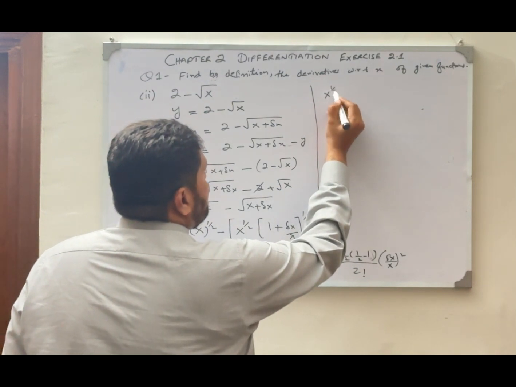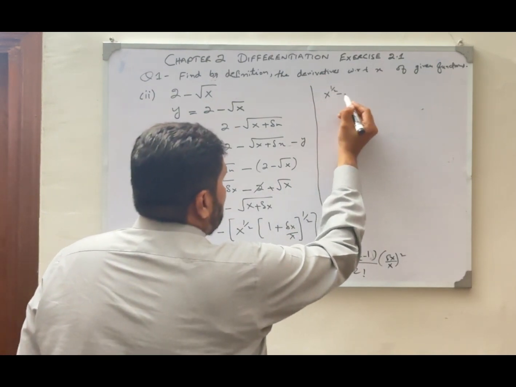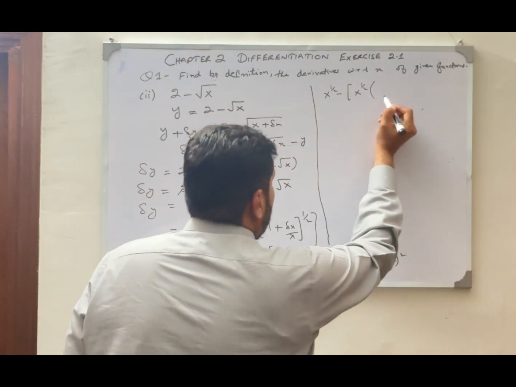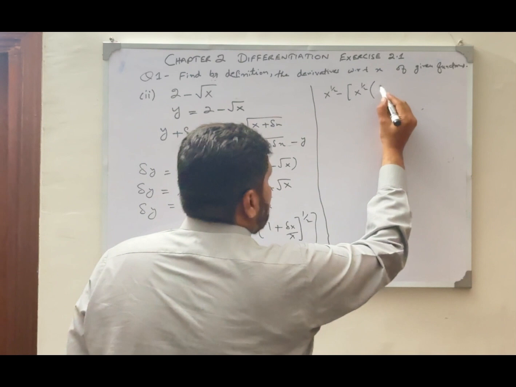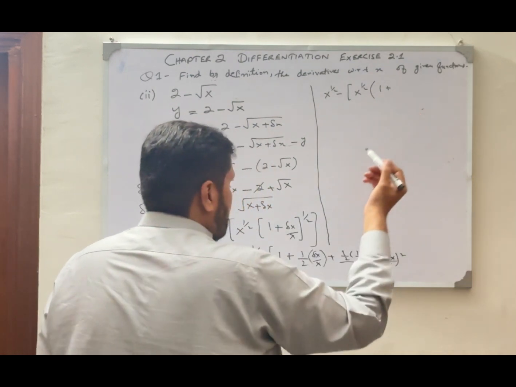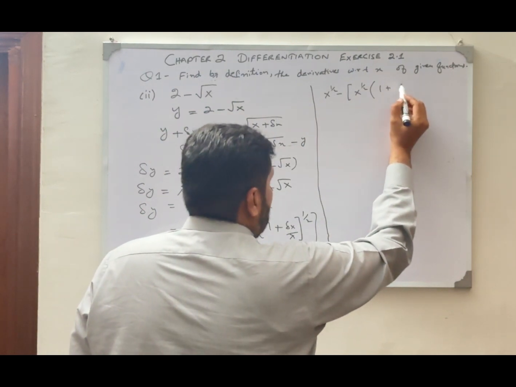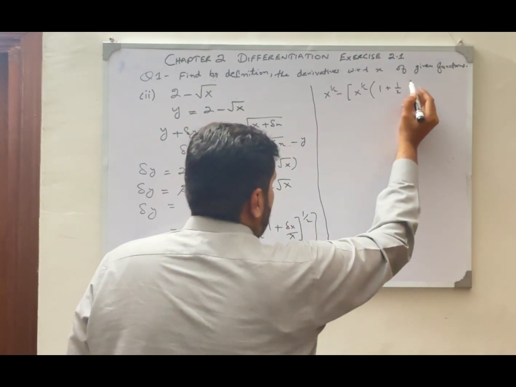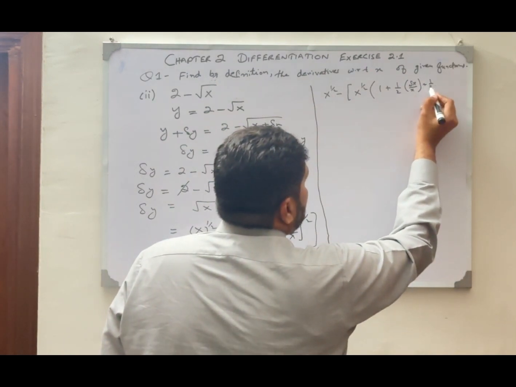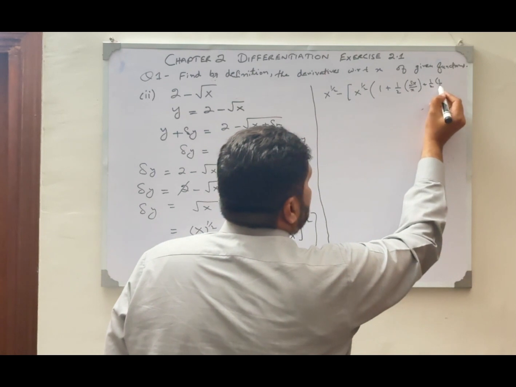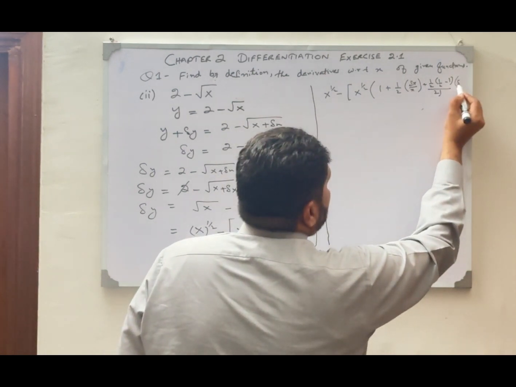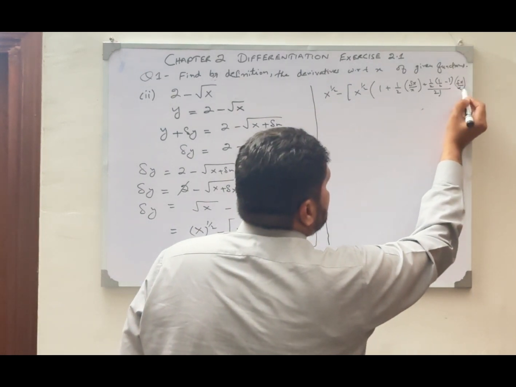So x power 1 by 2 minus x power 1 by 2 into 1 plus 1 by 2 into delta x by x plus 1 by 2 into 1 by 2 minus 1 whole divided by 2 factorial into delta x by x whole square.